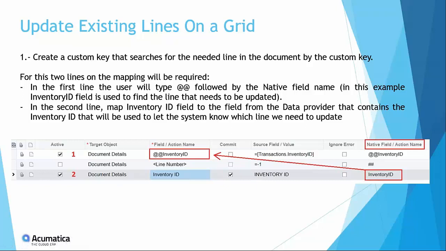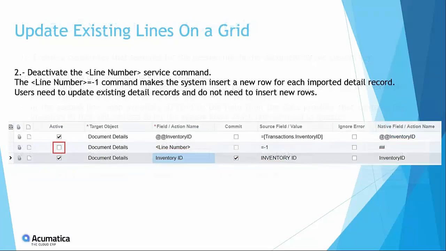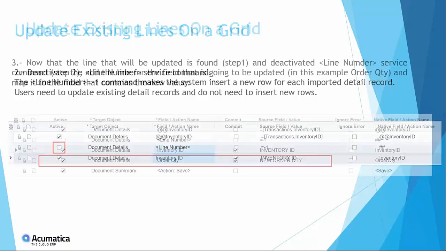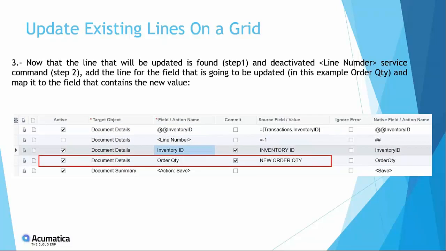We'll go to my next slide to illustrate this. Here's the line number that I explained in the previous slide. It's not active. And then at the end, we specify the new quantity. So think of it as if you were manually under the purchase order screen.